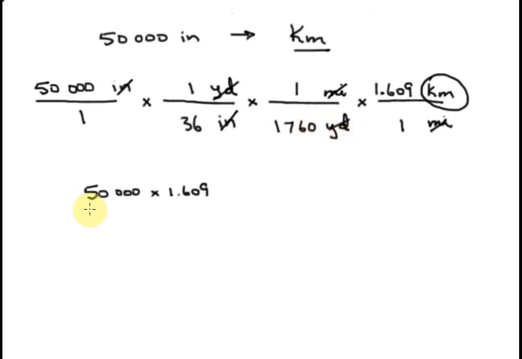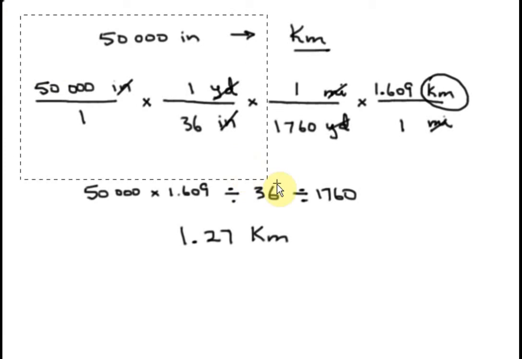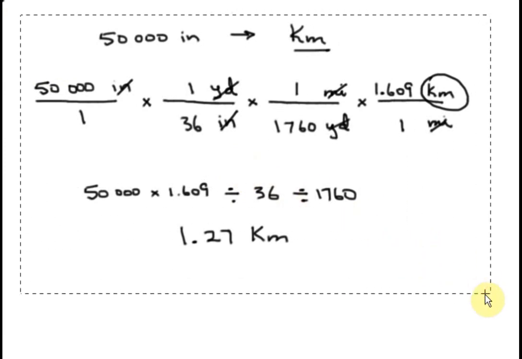So in other words, I have to divide by 36 and I also have to divide, because it's on the bottom, by 1760. So that's the number crunching I'm going to do, and when I did that, I got 1.27, and I am now in kilometers. So that's my second example all done, and I'm ready for my last example.